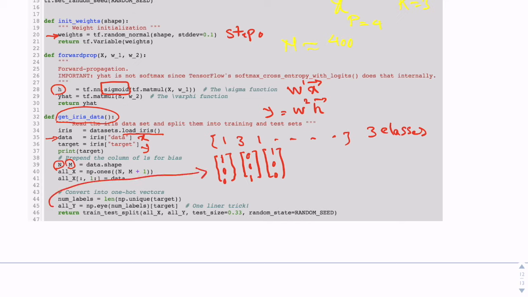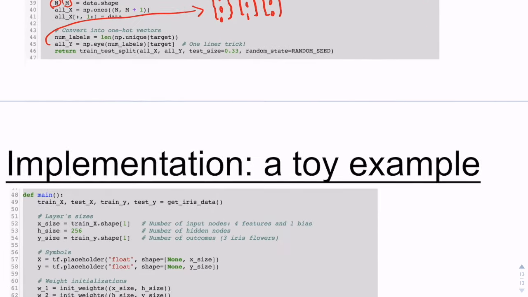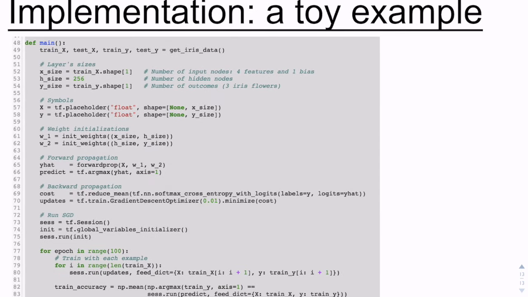So this is the data preparation, and now we are ready to train the model. You can practice on this example, change the parameters, use it for different data sets, and see how it works. First we apply get iris data to get the training data, input features and training labels, and then we split the data into test and train. We don't use any cross-validation here. Then we get the number of input nodes.